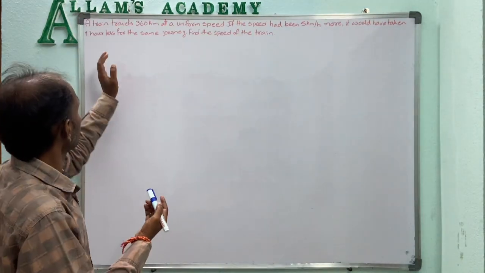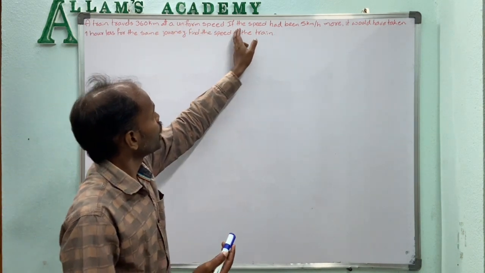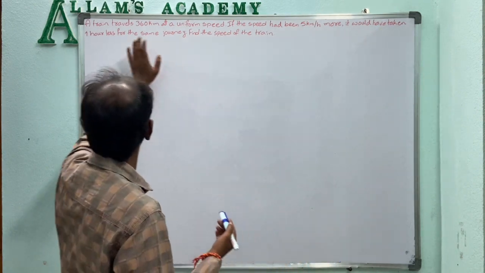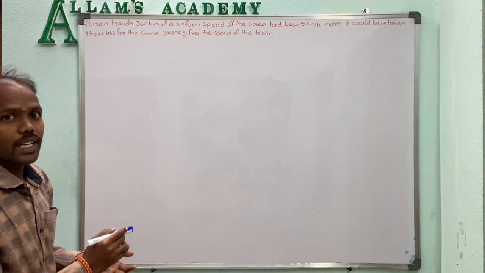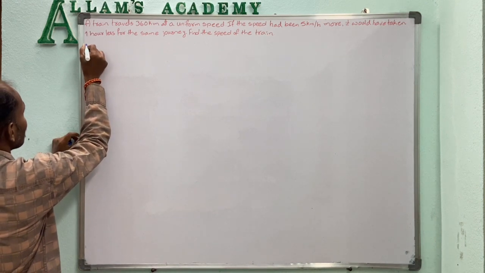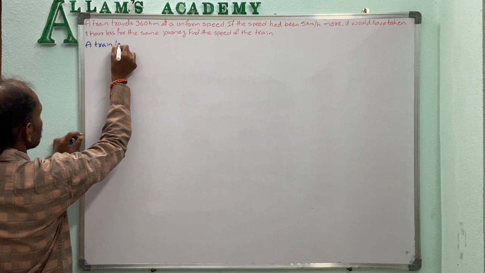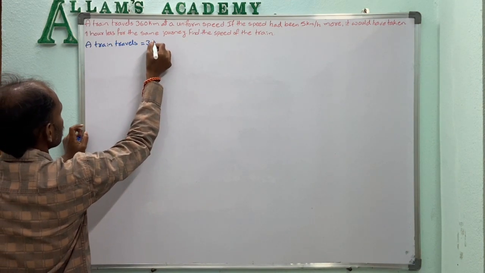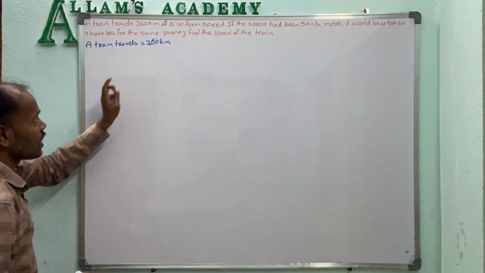Now here is the given problem: a train travels 360 kilometers at a uniform speed. If the speed had been 5 kilometers per hour more, it would have taken 1 hour less for the same journey. Find the speed of the train, that is the problem given. So a train travels 360 kilometers distance, that is given.